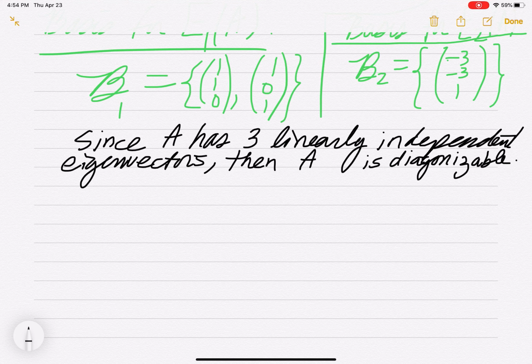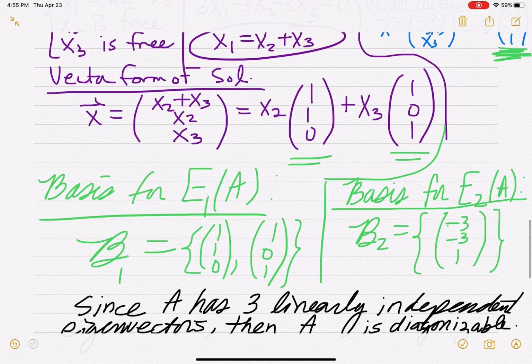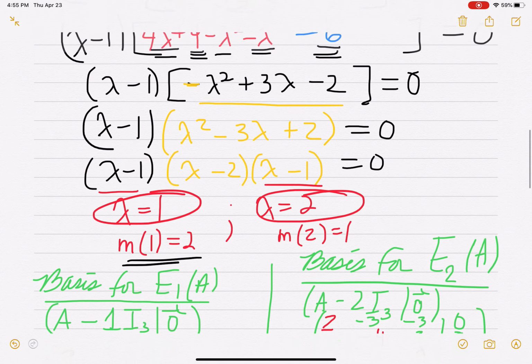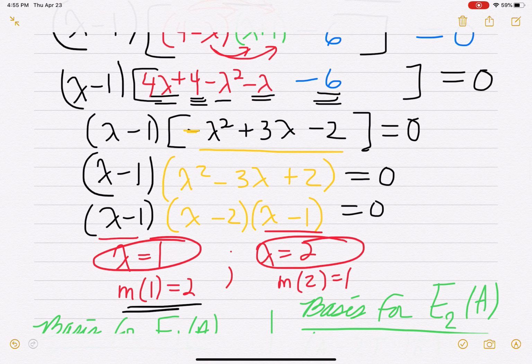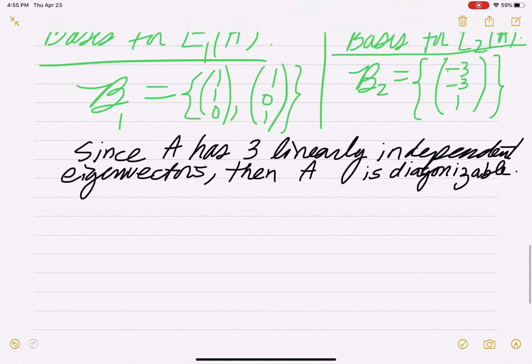Also, notice that the dimension of that second eigenspace, E2 of A, is 1, right? And it agrees with the algebraic multiplicity for 2. The algebraic multiplicity for the eigenvalue 2 is 1 as well. So the algebraic multiplicities agree with the geometric multiplicity.